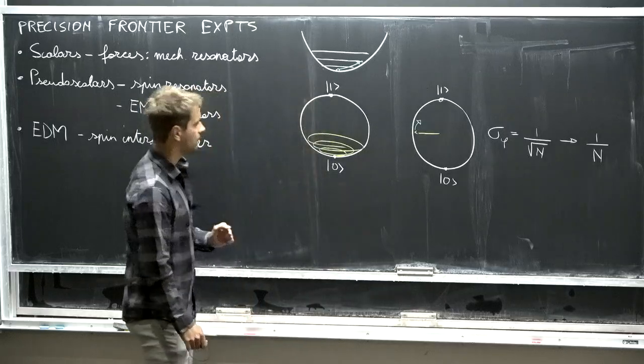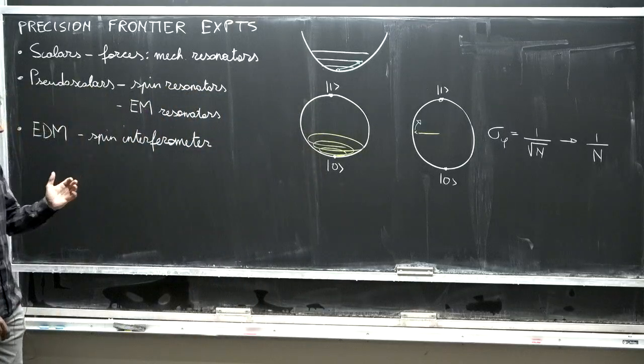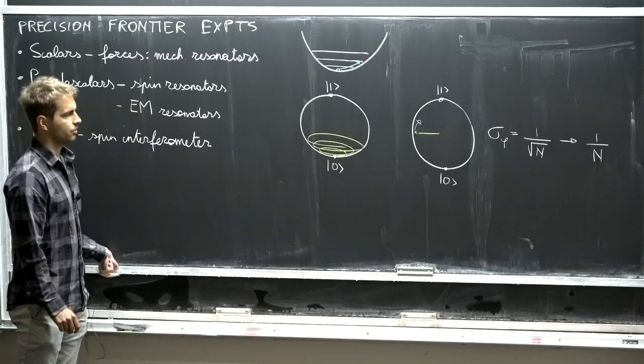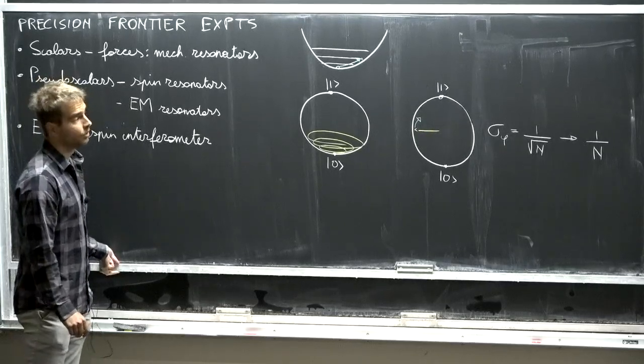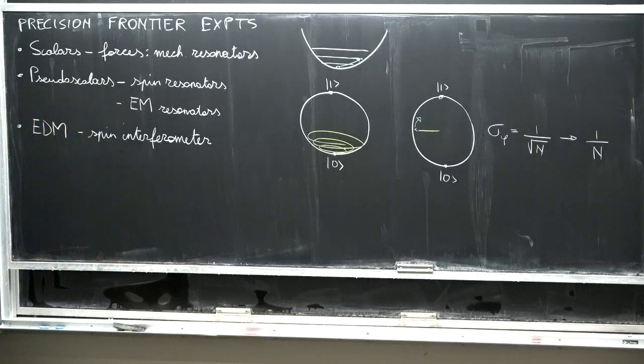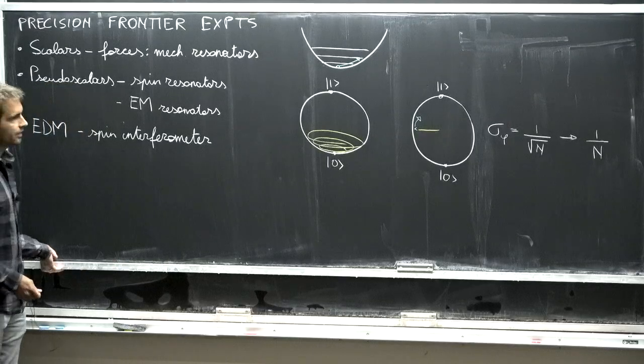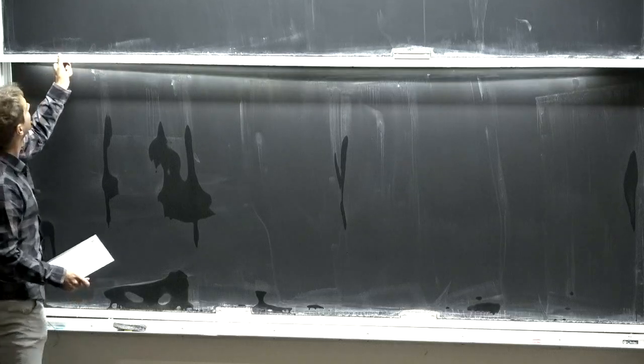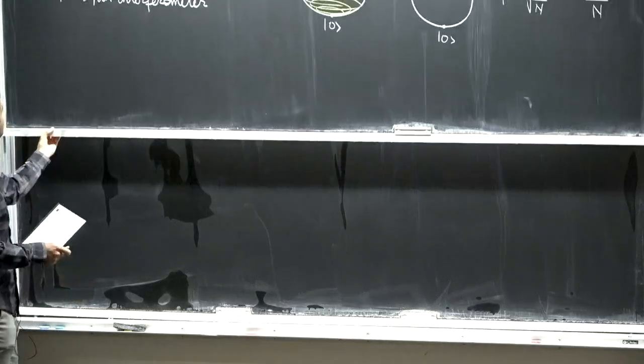For these types of systems, so for resonators, a fundamental noise source is often thermal noise or also the standard quantum limit. And for that, I want to just briefly review the fluctuation dissipation theorem. I'll start here, actually.